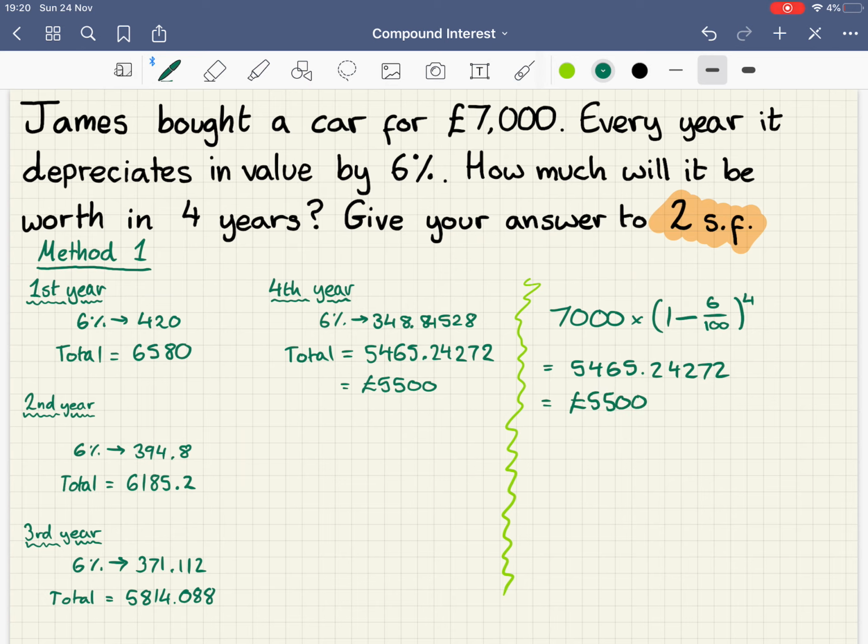And make sure, guys, you are in your answer including the pound signs. It makes it really clear that you've acknowledged what you're dealing with, the context of the question. So make sure those pound signs are in.